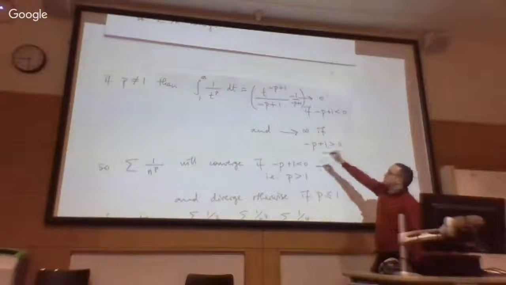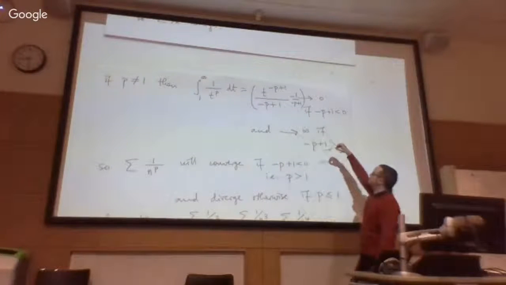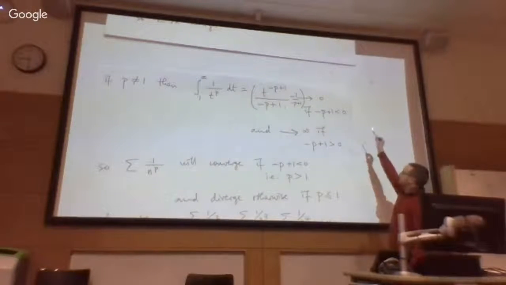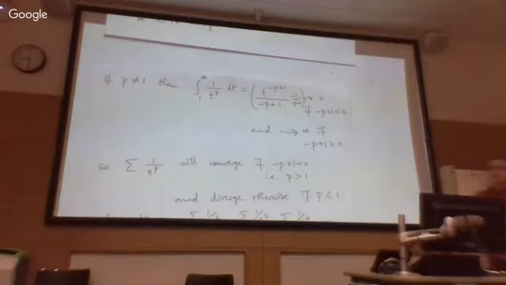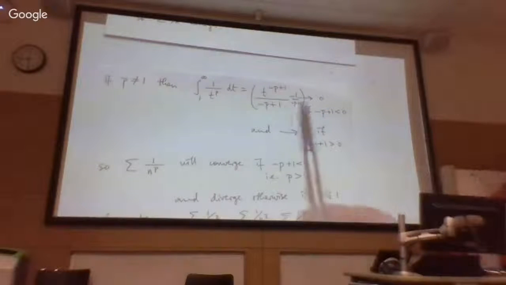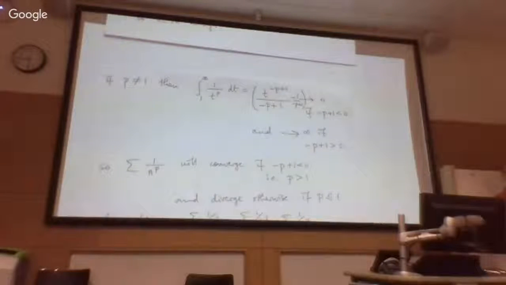But the point is the behavior of this t term there. It's going to converge to 0 if minus p plus 1 is less than 0, and converge to infinity otherwise. It's not multiplication between those fractions, no, just subtraction, because it comes from evaluating the integral at the beginning.